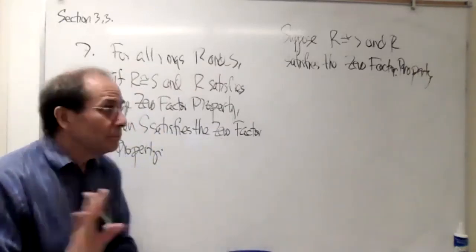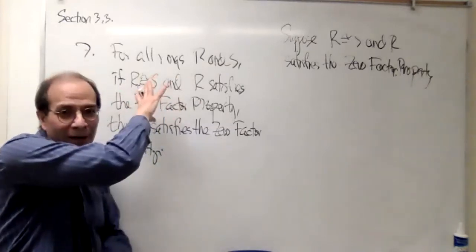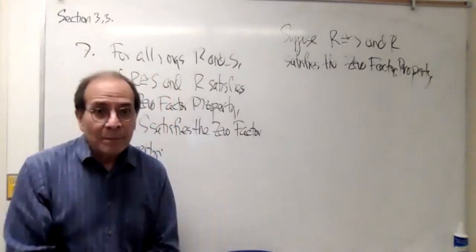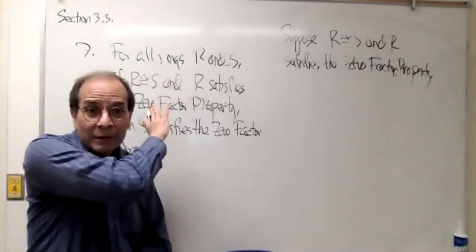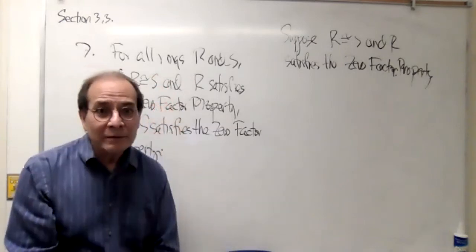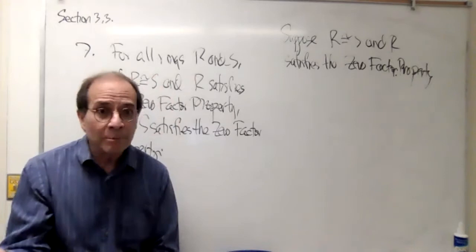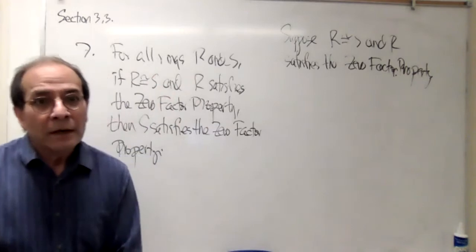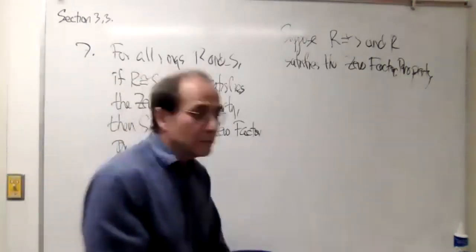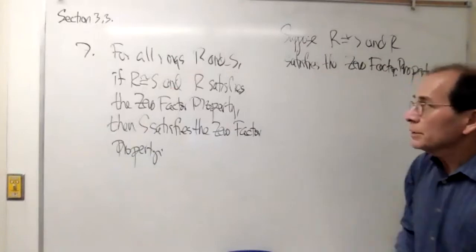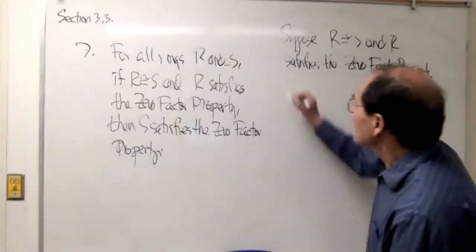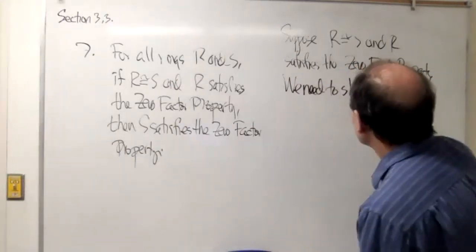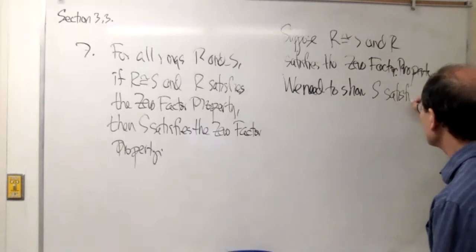Depending on the type of proof you're doing, your hypotheses may not be exactly what the hypotheses are in the statement. If you're doing a proof by contrapositive, then your hypotheses are very different than if you're doing a direct proof. Or if you're doing a proof by contradiction, your hypotheses are going to be different than if you're doing a direct proof. And so you always need to make sure that you state your hypotheses. So here we're doing a direct proof, so I'm just going to suppose the hypotheses as they stand. And then we need to show the conclusion. We need to show that S satisfies the zero factor property.